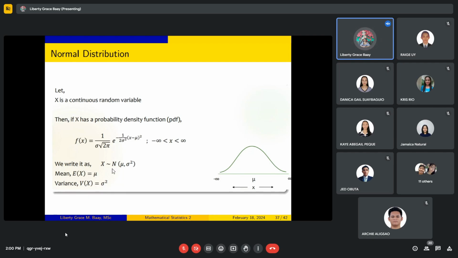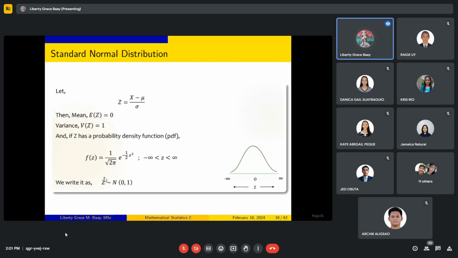We can write x as normally distributed with mean mu and variance sigma squared. For the normal distribution, you have the mean mu, and of course the variance is sigma squared.